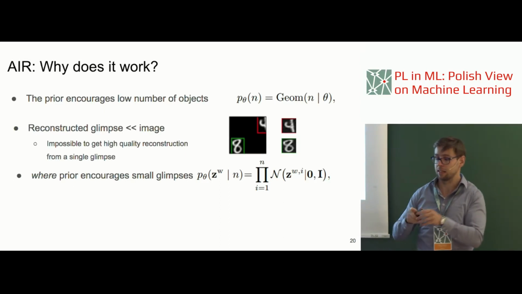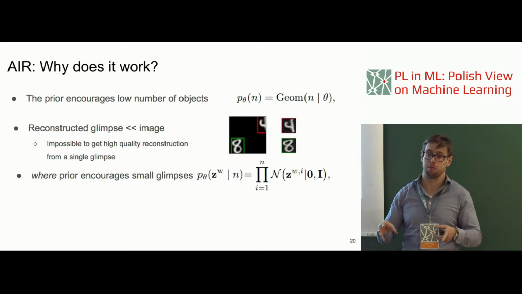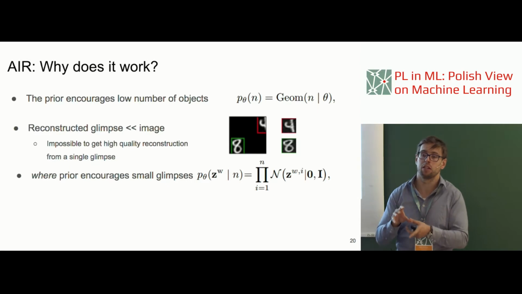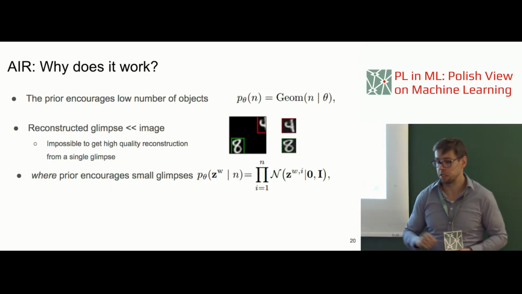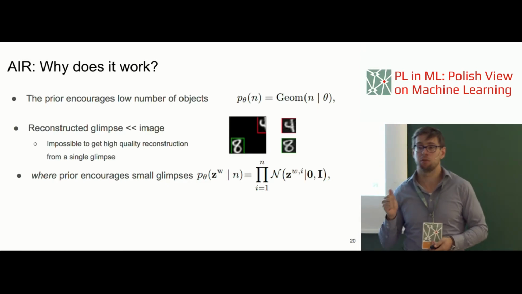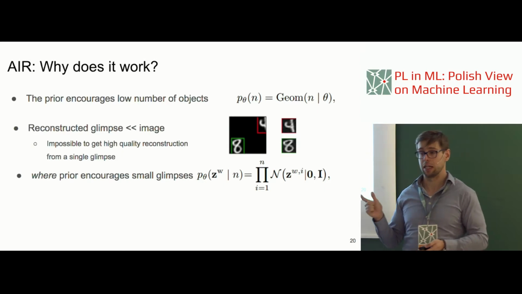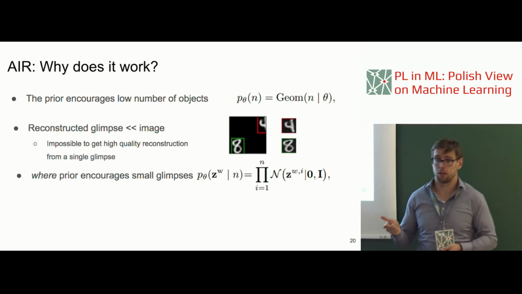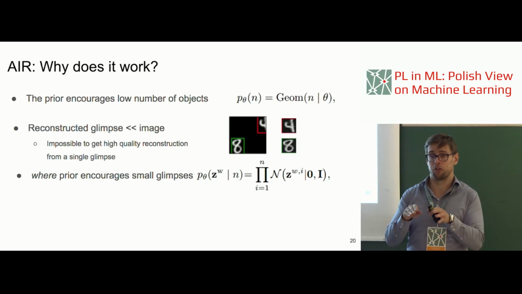This is the size at which the smaller glimpse gets pasted into the larger image, and it shouldn't occupy too much space on the larger image. So those 3 things taken together mean that we want to generate as few objects as possible that should cover as little space as possible in the image. And it turns out that doing that encourages the model to decompose an image into separate objects.